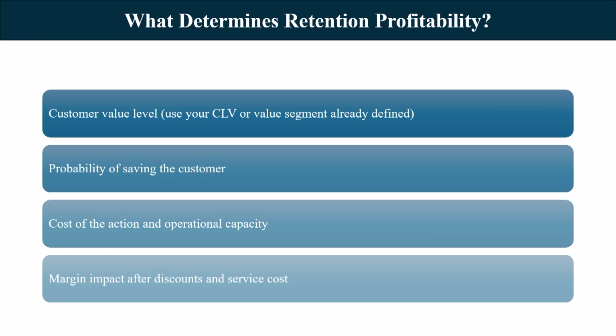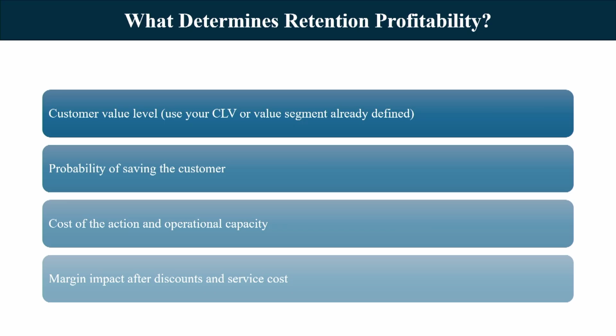First, you need to understand the customer's value level. So, use your customer lifetime value calculation or the value segment that is already defined by you. Then you can calculate the profitability of saving the customer. Next is the cost of action and the operational capacity.